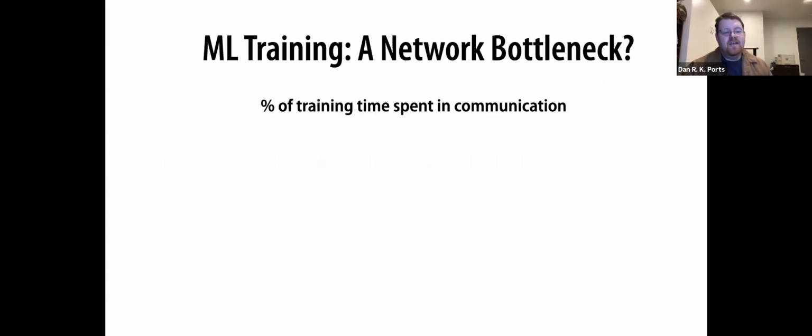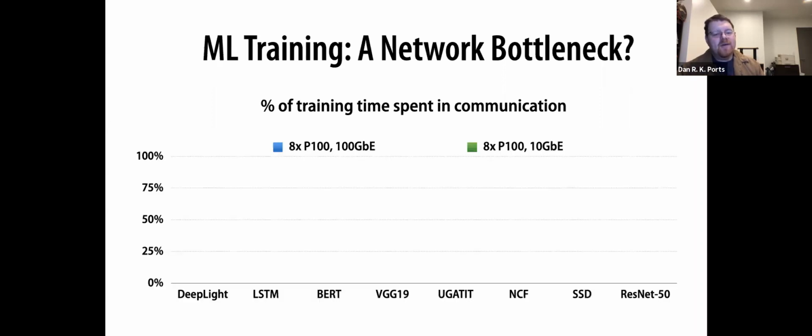So let me show you how the fraction of time spent waiting for communication across the network has been increasing for a lot of training workloads. In a lot of cases, this means that we've got these very expensive GPUs that are sitting idle waiting on data to be moved. Now, this depends pretty heavily both on the cluster we're using, like the hardware configuration, and the network that we're trying to train.